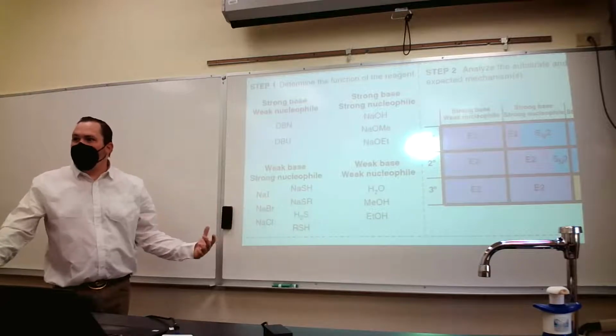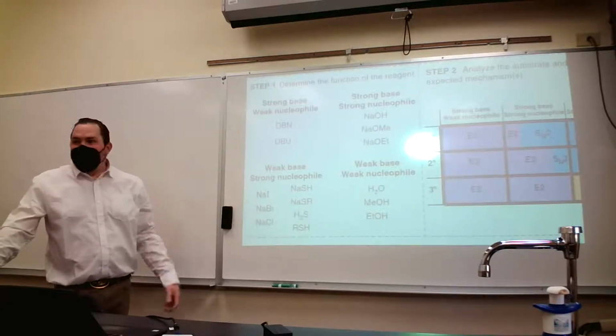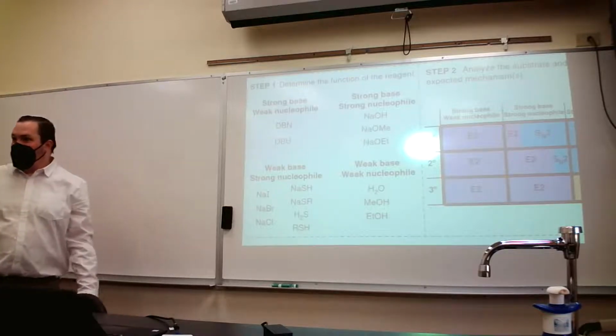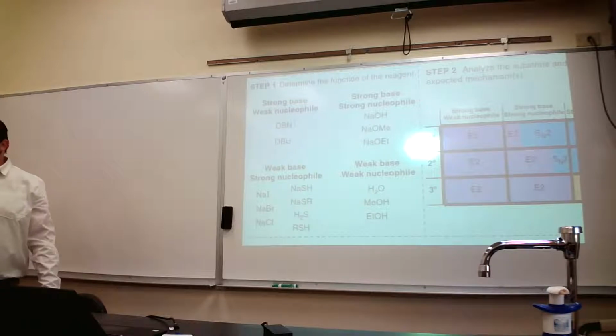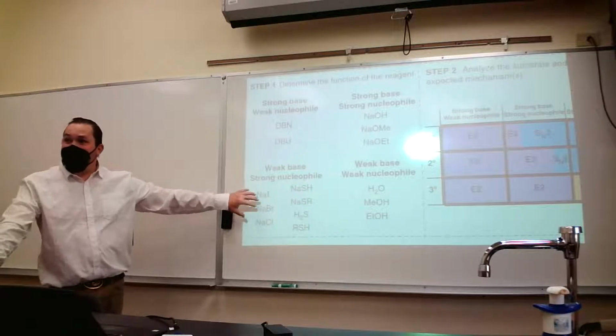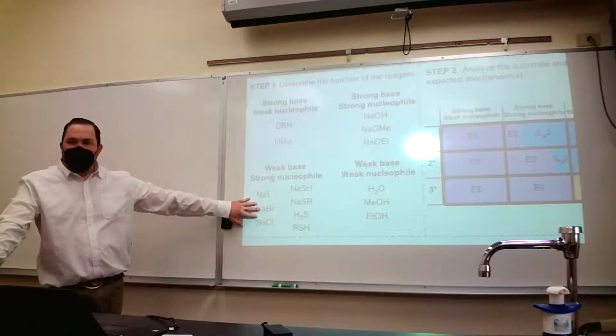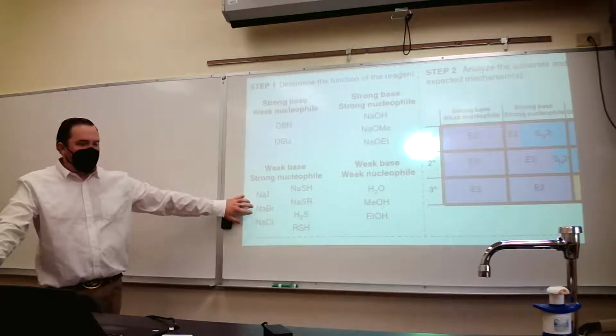They won't hold on to a proton. But they can still be a strong nucleophile because they still have a negative charge. They're still going to be attracted to partial positives. They're just not good at holding on to protons. So in this case, they're not going to see any elimination. You're going to see all substitution.